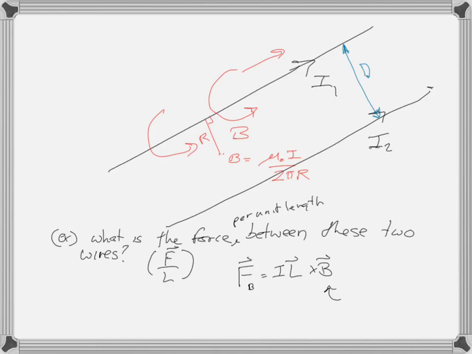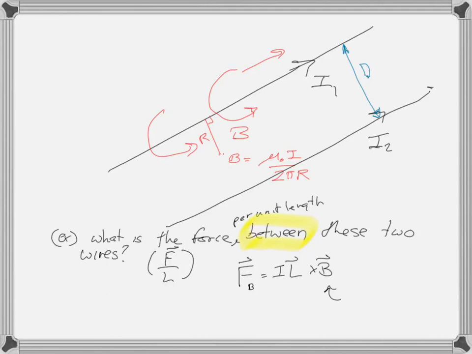So here's a situation where we're talking about the force between two things, and you have to know what that means. When we ask what's the force between two charges, we mean the force of charge 1 on charge 2, or the force of charge 2 on charge 1. Those two forces are equal and opposite. Same thing here.